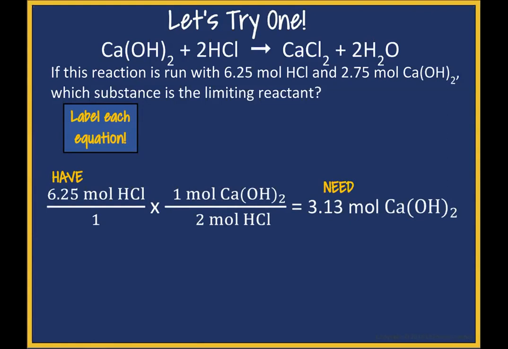These numbers out in front, 1 to 2, are the coefficients from the balanced equation. And we're going to do this on your calculator, and you get 3.13 moles of CaOH2. That's what we need. If we have 6.25 moles of hydrogen chloride, we need 3.13 moles of CaOH2.